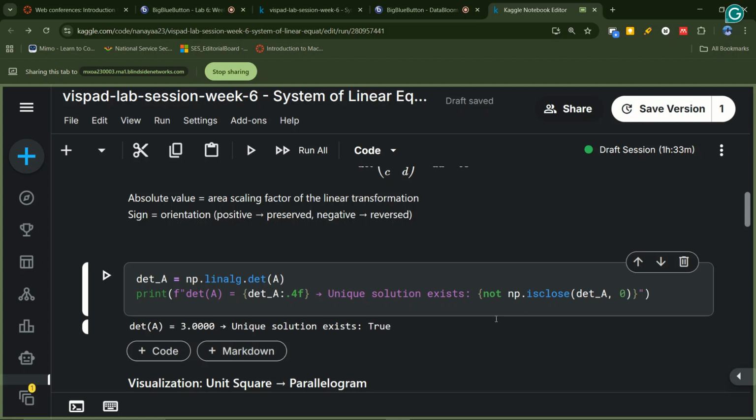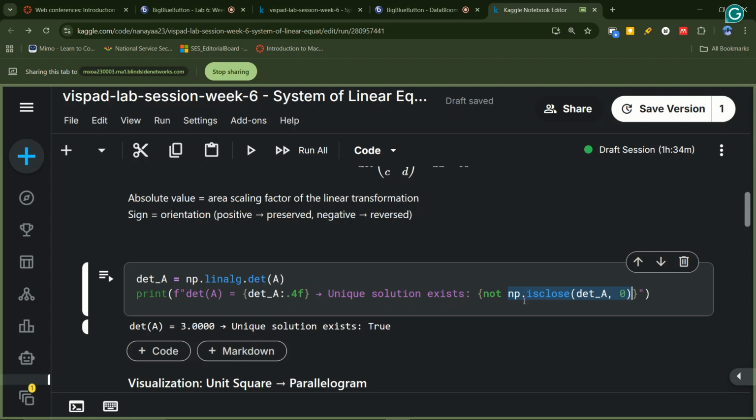Then it also decided to check if a unique solution exists. We said a unique solution exists if the determinant is not equal to 0, right? So that is what they try to check with this NumPy expression here. Easy to grasp and understand, right? Great. So it checks if the determinant is not equal to 0.